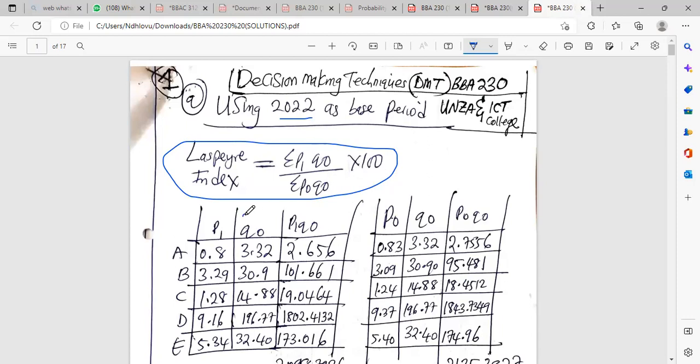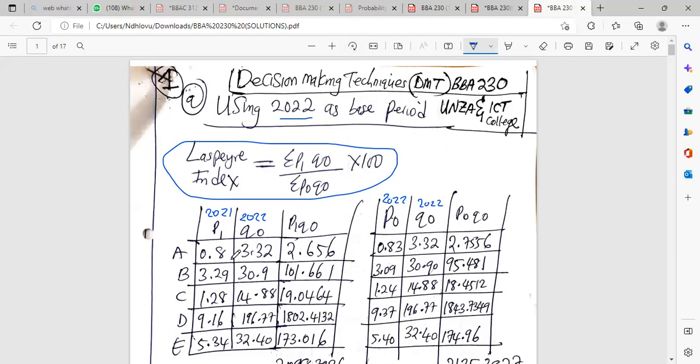So this one is for 2022, then this one is for 2021, which is more recent. Even here, this one is for 2022, and this other one is also for 2022.